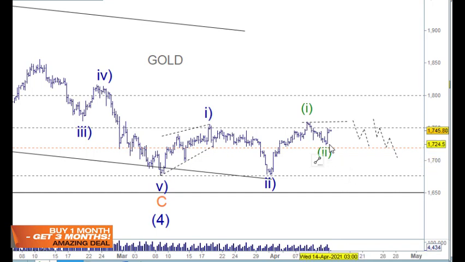And it appears, because of the move up through here, that we can now call this one in 3 waves down here, and then moving higher at this point.